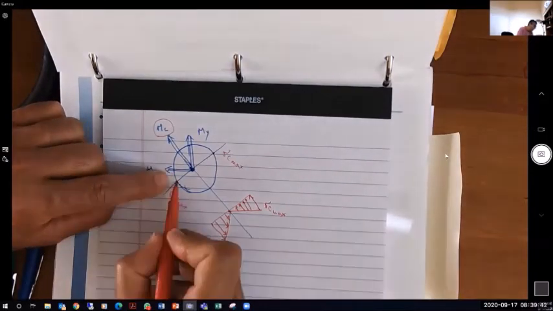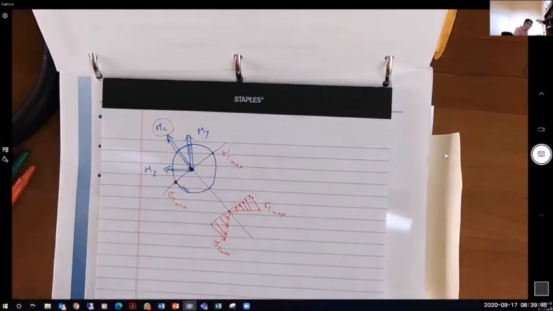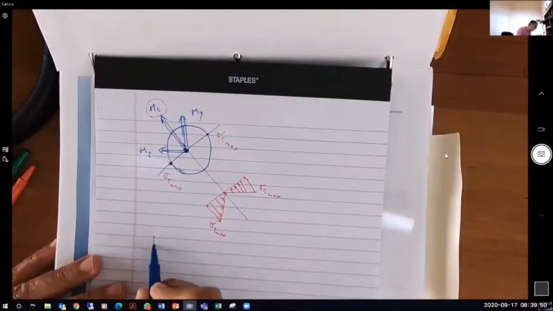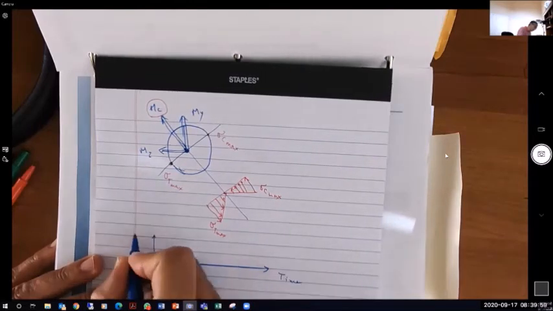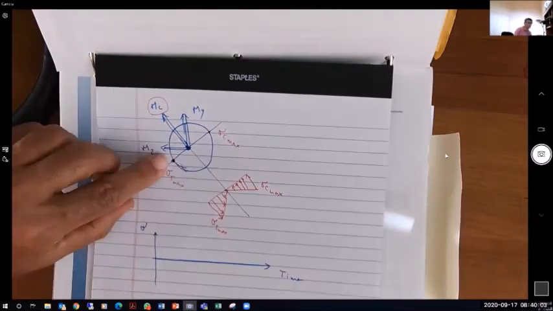If I pick this point that has the maximum tension, let me look at the plot of the variation of the axial stress over time. Here is time, and here is sigma, and specifically I'm looking at this point of the shaft.